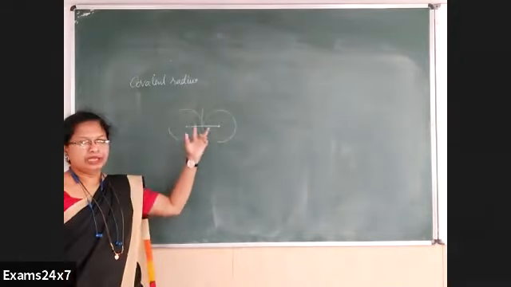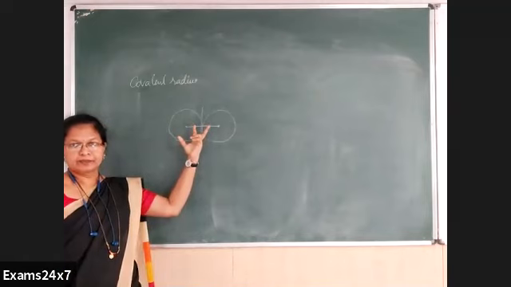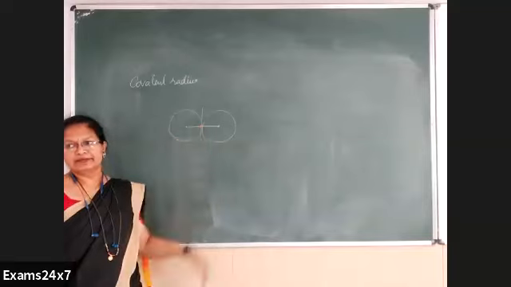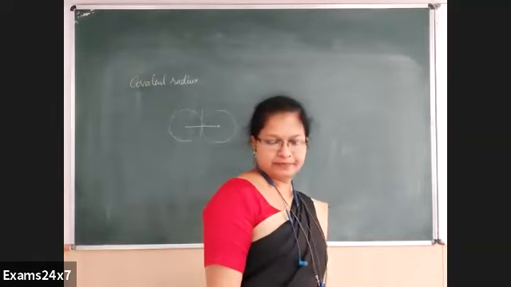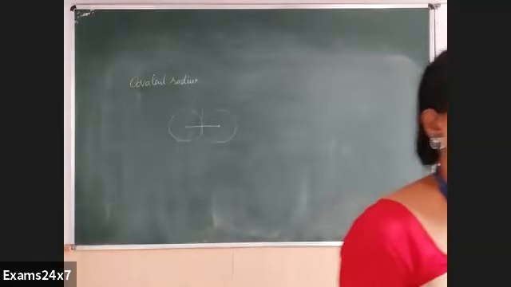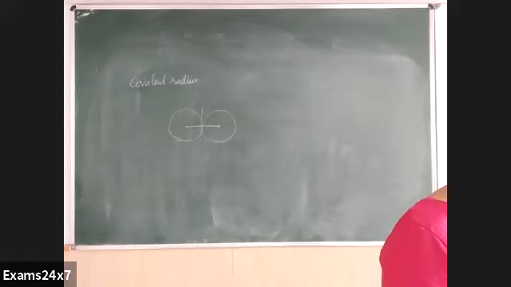Half the internuclear distance of covalently bonded like atoms. Why are like atoms important? If the atoms are of different elements, then you cannot make the bond length into half. You won't get the answer. It should be like atoms. That is covalent radius.